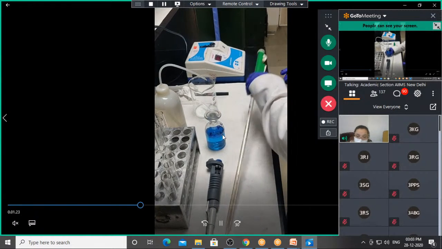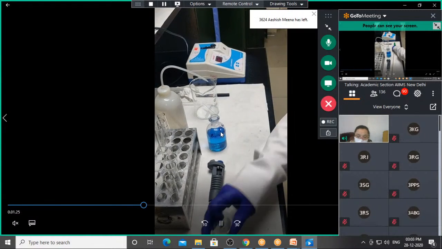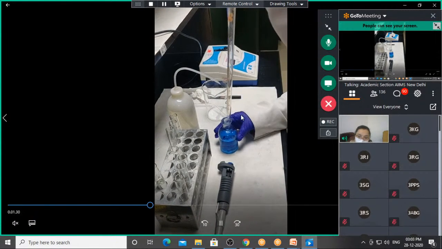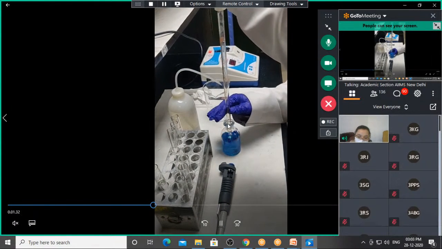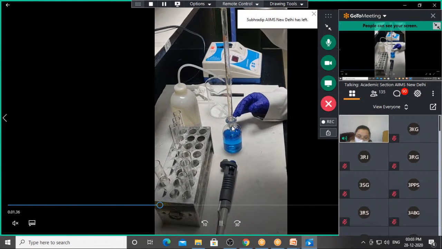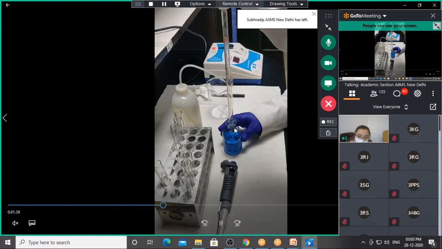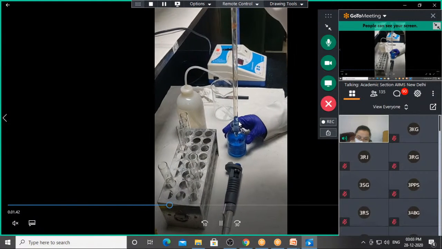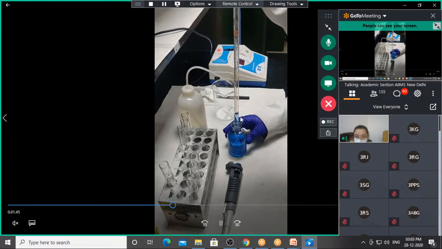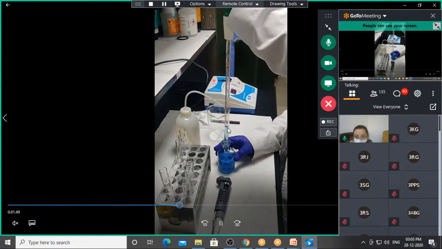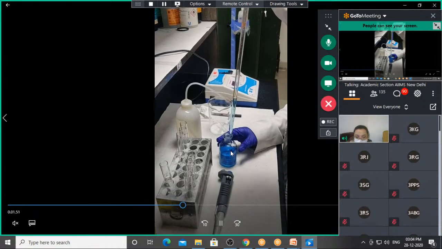Since it is a colored liquid, while measuring we will look for the lower meniscus, and I am using here the non-blowout pipette. So in a non-blowout pipette we have to measure up till the end. Okay, I am drawing the sample first.